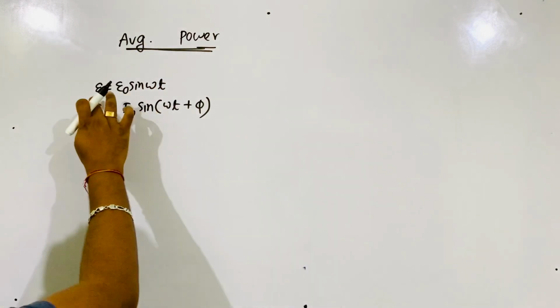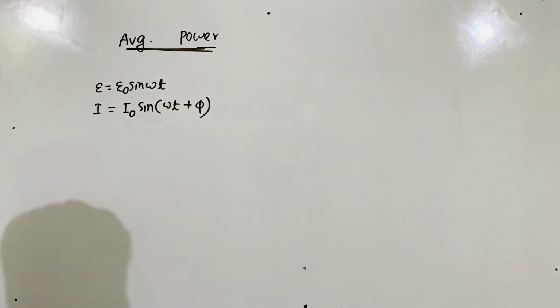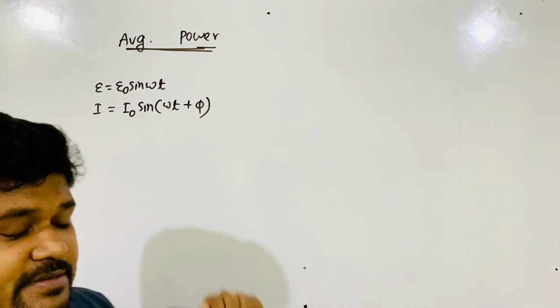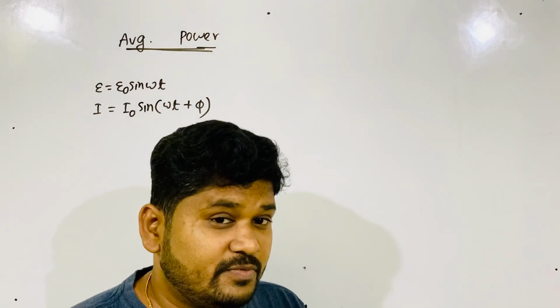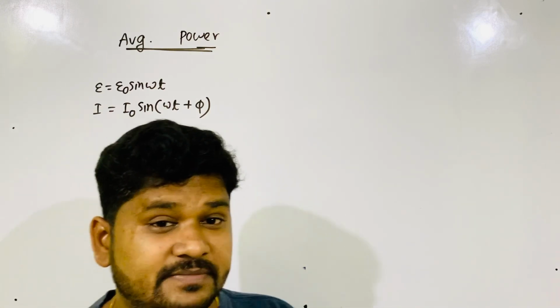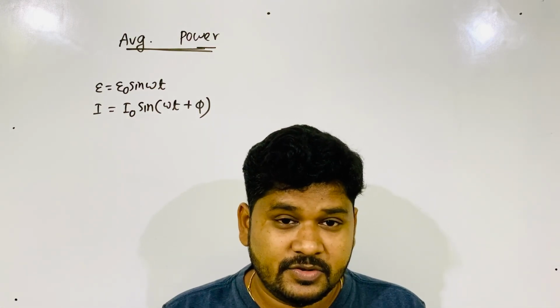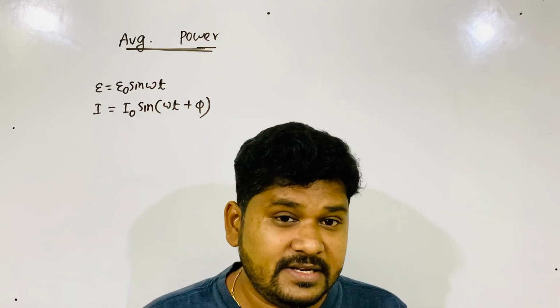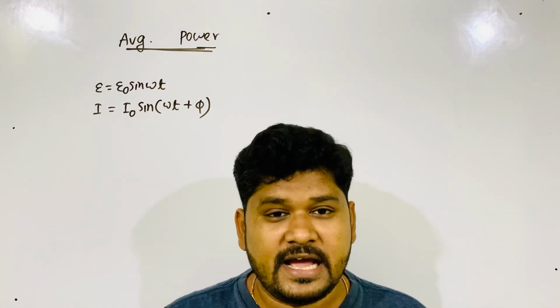I have just taken it as a let. Alternating EMF is given by this and alternating current is given by this. Then what process did I tell you to find average power? We'll write the expression of instantaneous power, then we'll go to its average.